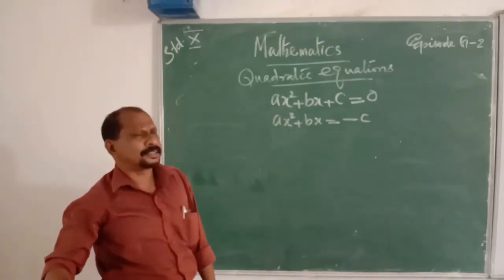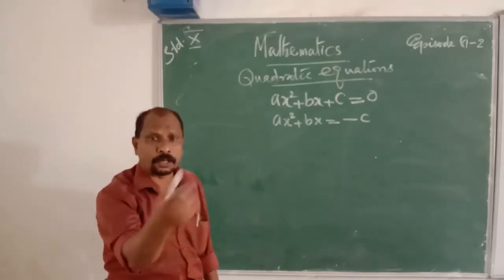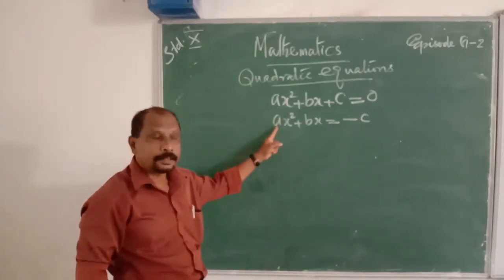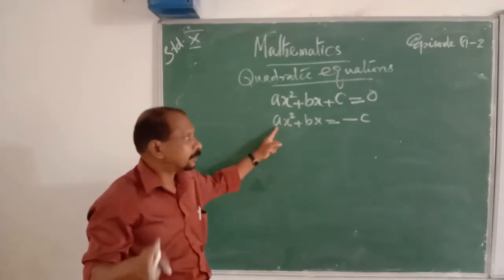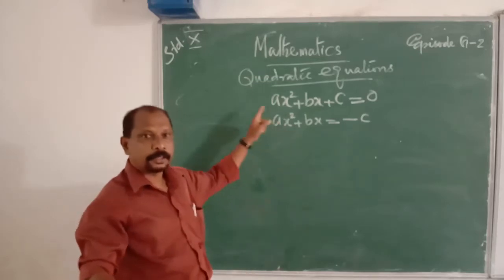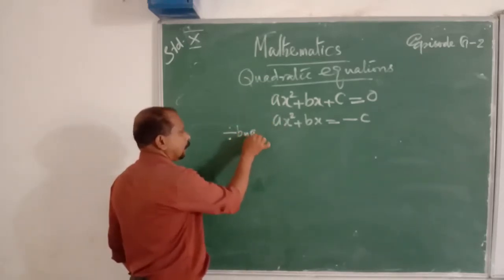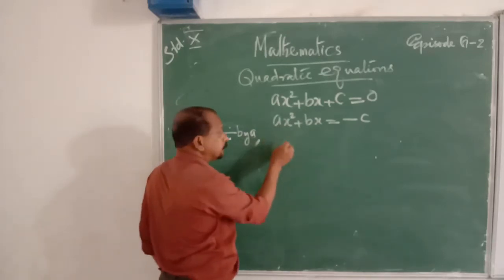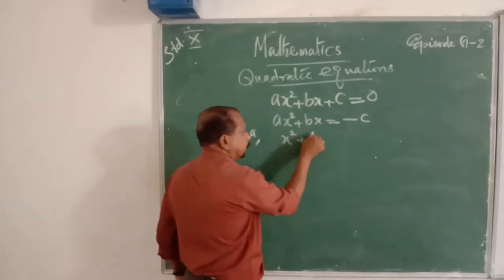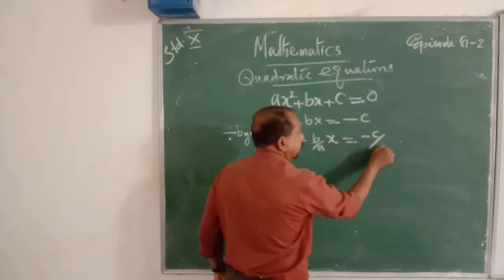Then what is the next step? Verify whether the coefficient of x square is 1 or not. But it is a. Therefore, the second step is dividing by a. Therefore, a cancels. That is x square plus b by a x is equal to minus c by a.